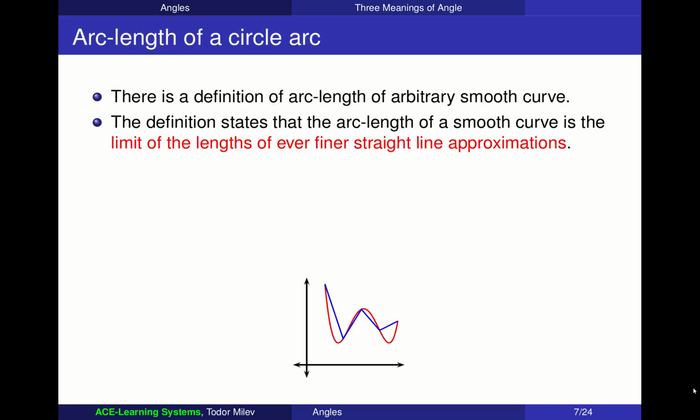I would select various points on that curve and connect them with straight lines, and by making them ever finer, I would get ever better approximations of the length of the curve. Taking the limit of those lengths as the number of sampling points tends to infinity, I would get the actual length of the curve.